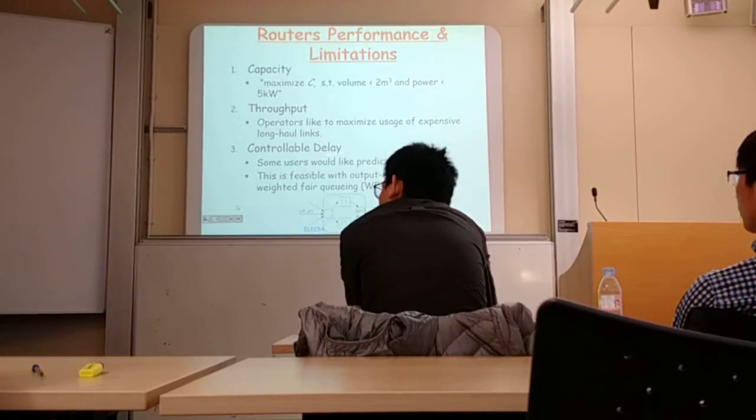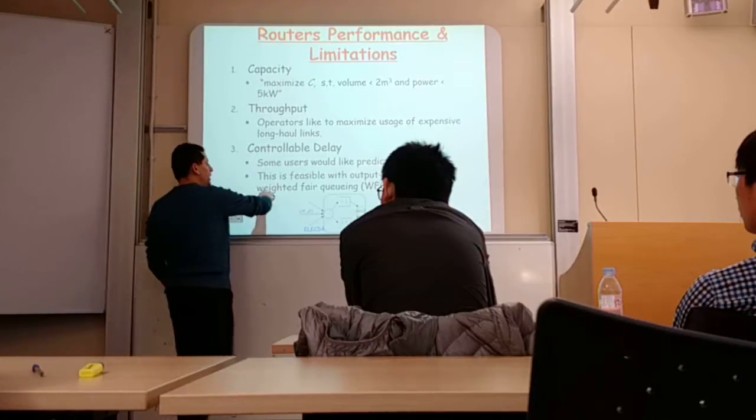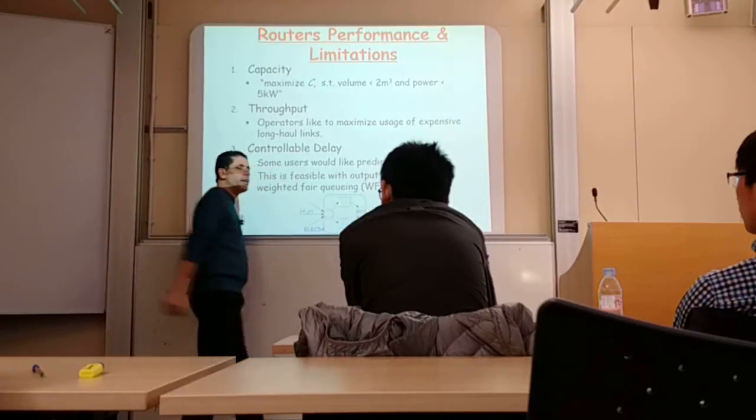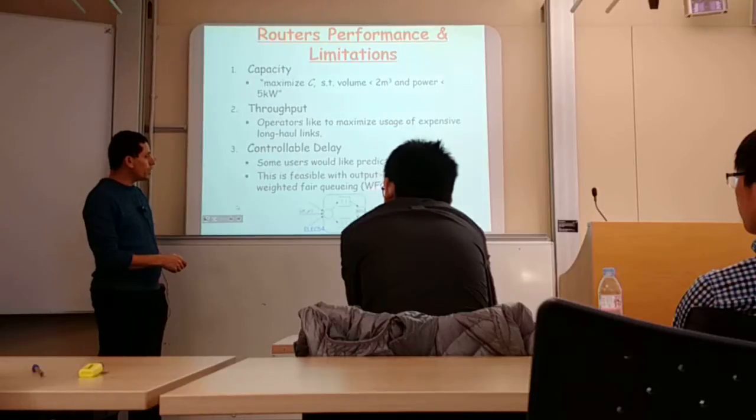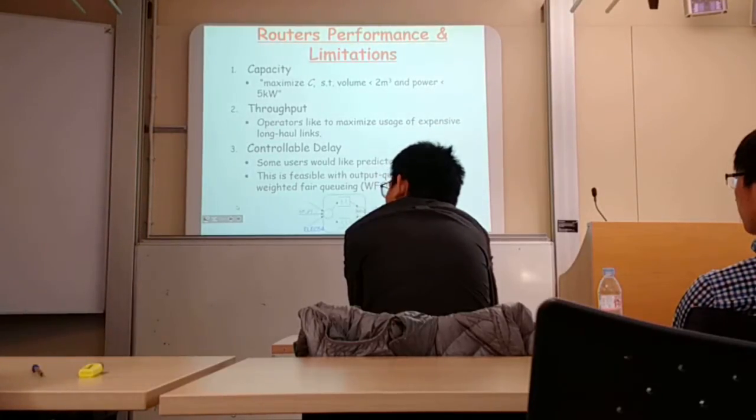That one would provide you some controllable delay if you implement it with some sort of what they call weighted fair queue. We will see this in the quality of service guarantees in the last 2 lectures. But just to give you an idea.